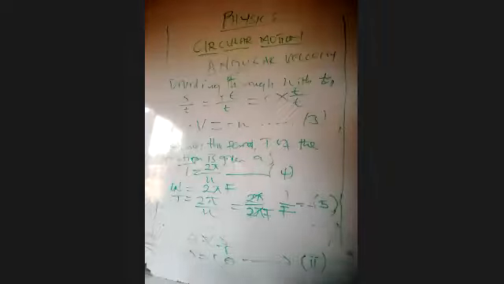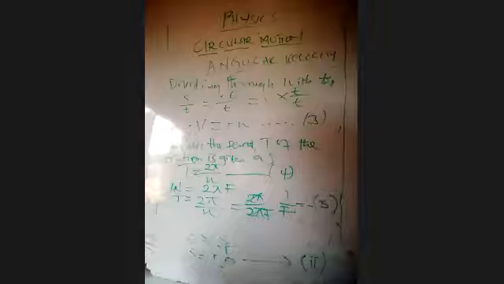So to make this angular velocity clear, for those of you who are following me, I will have to recap and explain more about it, so you can get the content of the lesson.